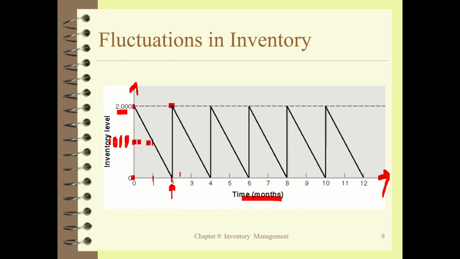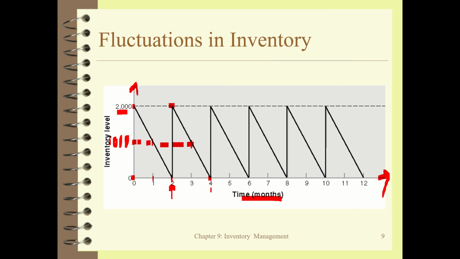And then again, the customer requires 1,000 per month. So at the end of month 3, the inventory will be reduced to 1,000 again, and at the end of month 4, inventory will be reduced to 0.